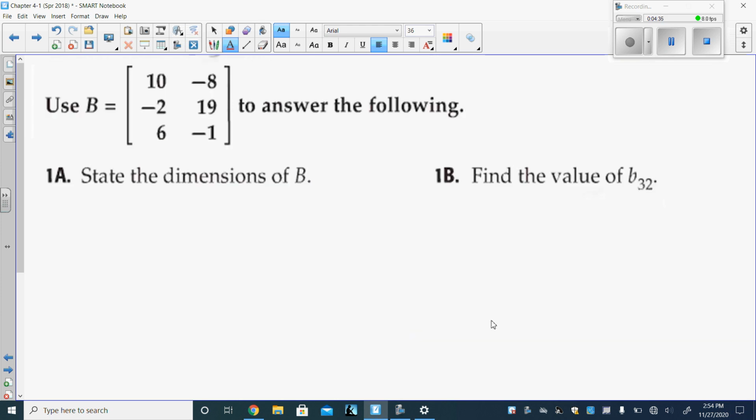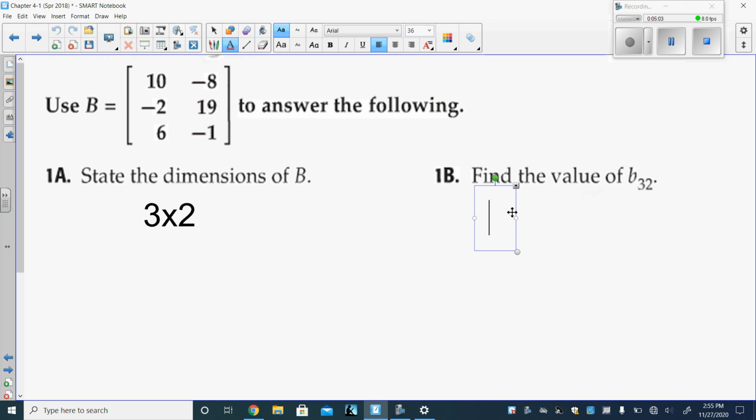Let's look at some more examples. Here we have matrix B, which is given here: 10, -8, -2, 19, 6, -1. We're going to use it to answer the following questions. The first thing we want is the dimensions. How many rows do we have? 1, 2, 3. So we have a 3 by, how many columns? 2. So this is a 3 by 2, and that's the dimensions.